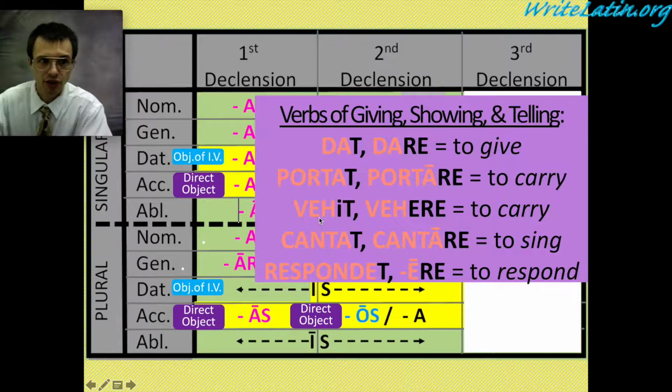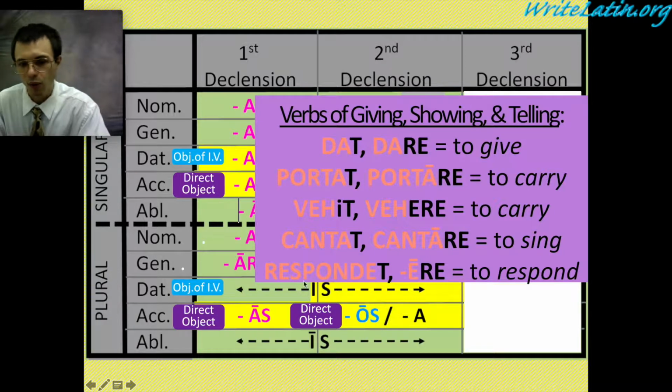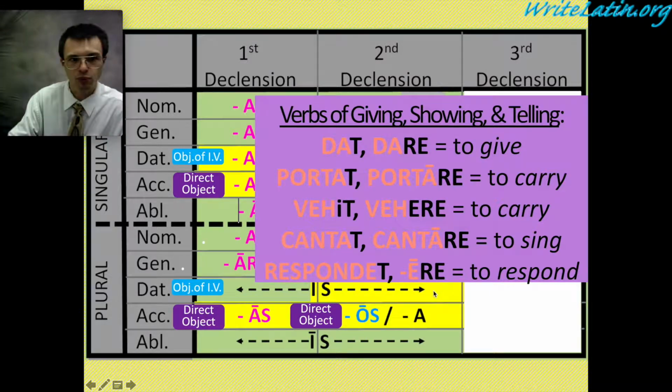Now we don't have any verbs for showing. We'll get that in the next chapter, but we do have two verbs for telling. Cantat, cantare, you can sing something to someone, or respondet, respondere, you can respond something like a word to someone. So when you see a verb, get used to thinking to yourself, oh, is that a verb of giving, showing, or telling?